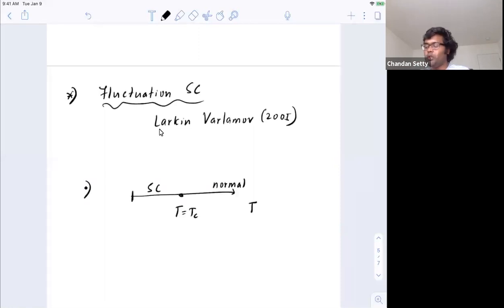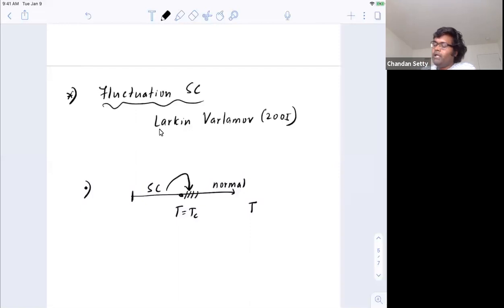That is, when you include various fluctuation effects in the superconductor, some of the properties of the superconductor can spill over into the normal state. Or in other words, there could be a small region in temperature over which, even though you're in the normal state, some of the properties of the superconductor can be inherited.